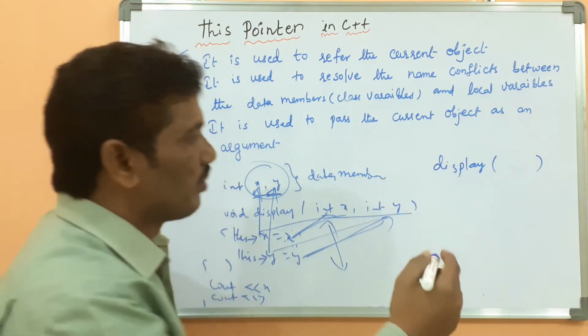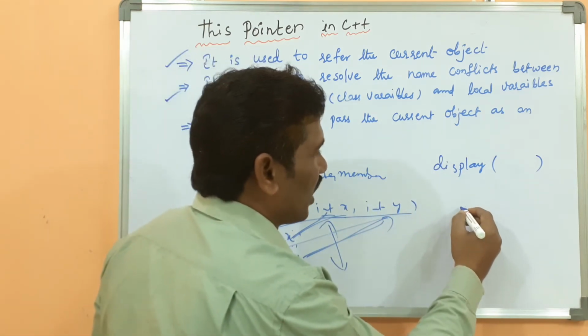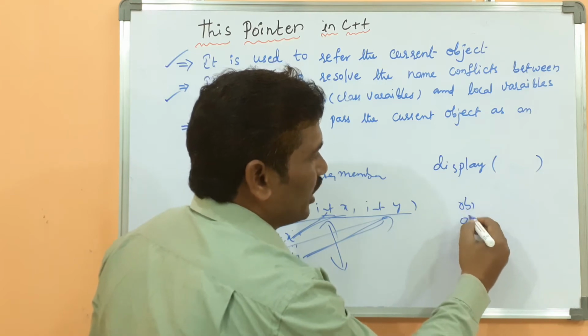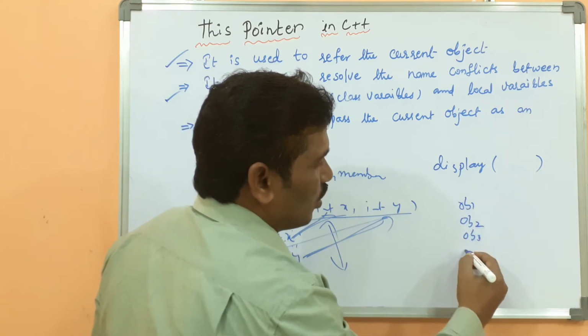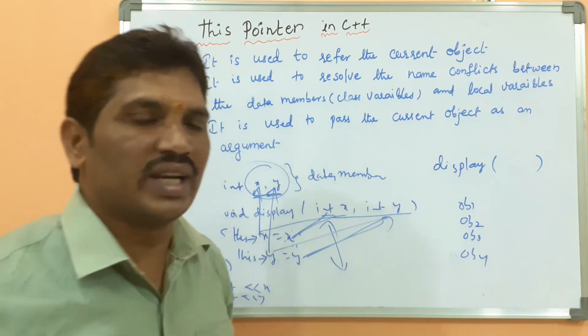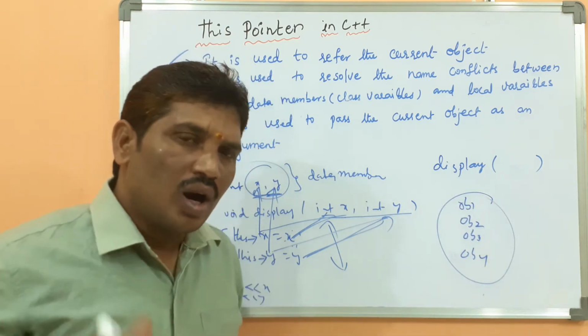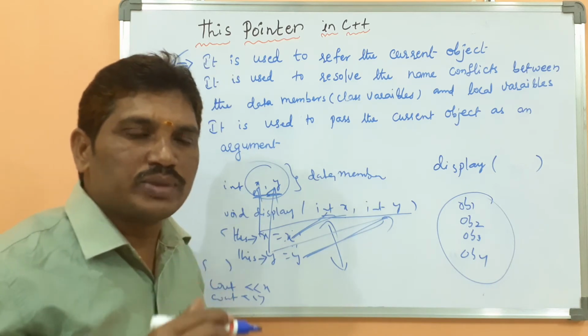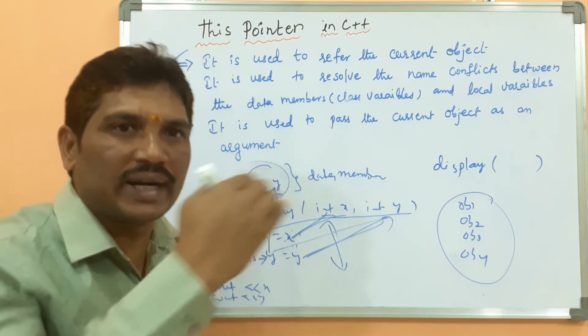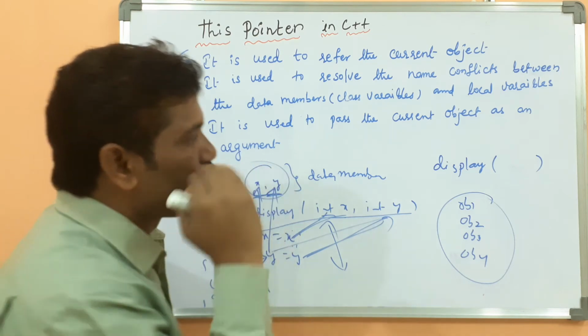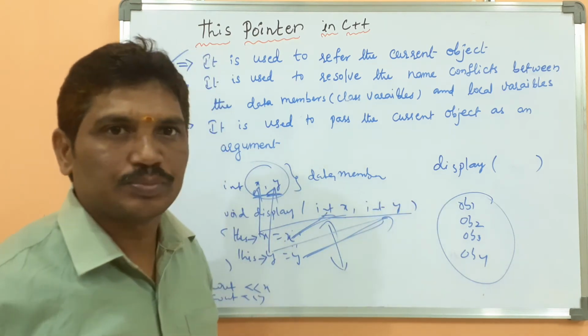We create a number of objects: ob1, ob2, ob3, ob4, for example. How should the current object be passed as an argument to a particular function? Suppose I want to pass it to a display function.